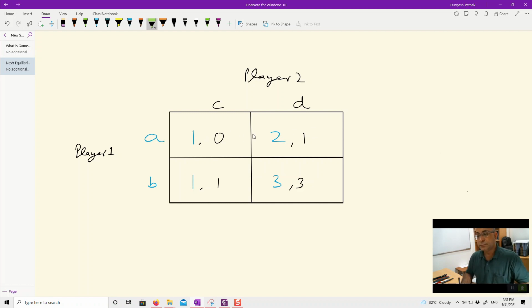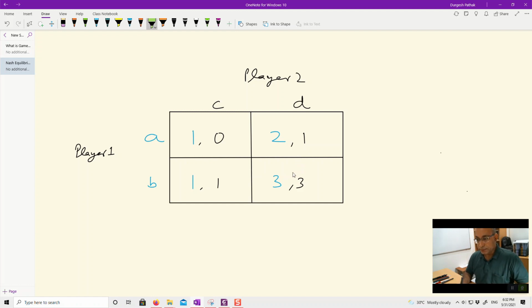Using our deviation property, if we take the profile with payoff 1, 0, player 1 can deviate to this and remain equally profitable. Player 2 can deviate to this one and remain profitable. We can find out in this way, which I leave to you as an exercise. We have done that in the last lecture.